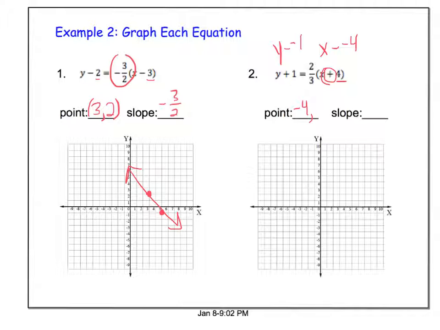So negative 1 is my y-coordinate. The slope is 2/3. Graph it by plotting the point negative 4, 1. And from there, go up 2 and right 3. Two points, one line.